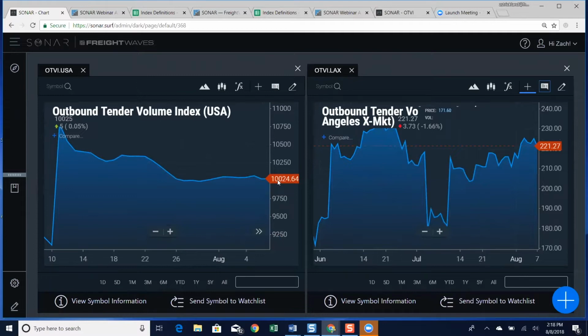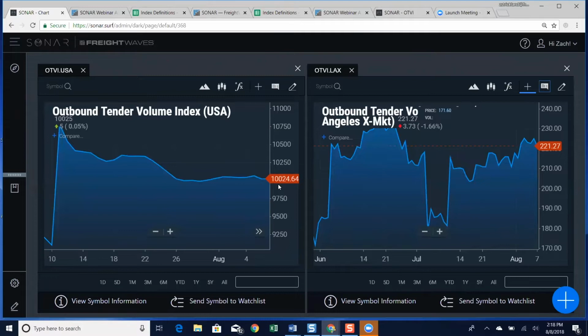To get the percentage of the overall market that LA represents today, you divide 221.27 by 10,024.64, and you'll have the percentage of the market, which should be somewhere over about 2.3, 2.4% of the overall market. I hope that explanation makes sense.